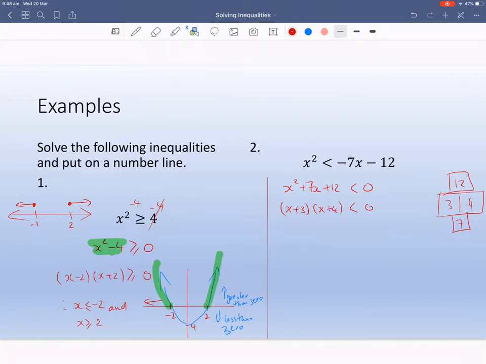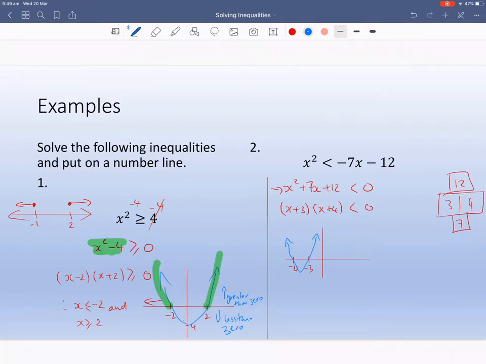Let's quickly draw this. It's going to have intercepts at -4 and -3. Okay, it's a smiley face because that's positive. So let's quickly draw it. Boom. And boom.